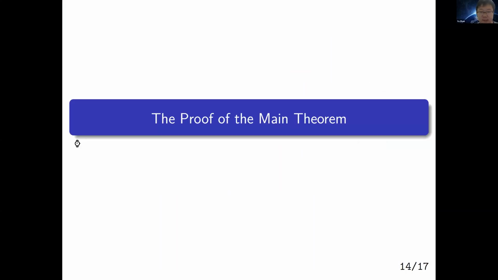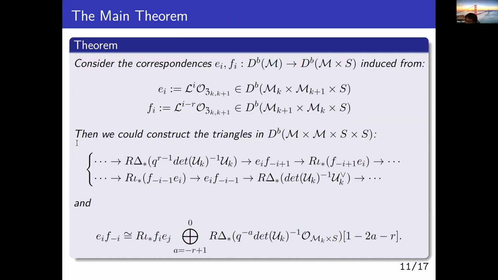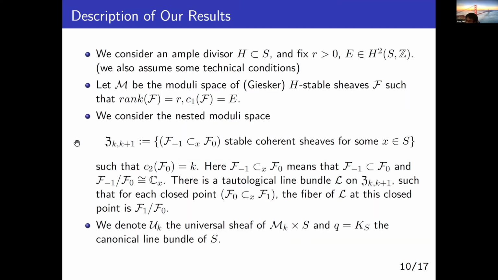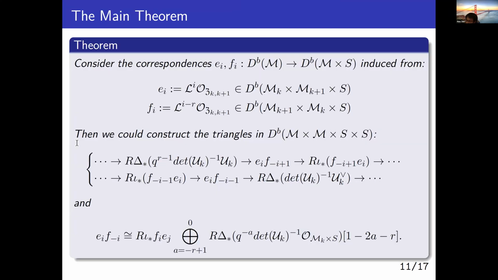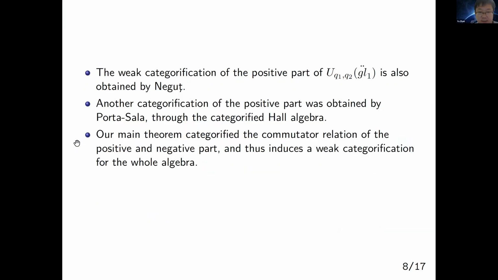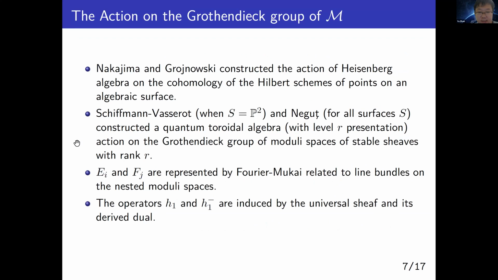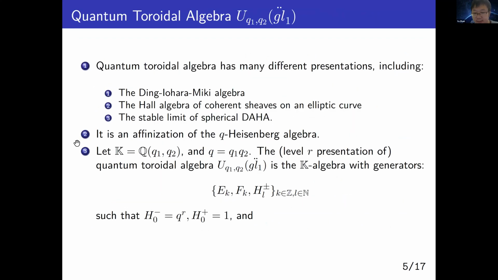Yes, exactly. You defined the nested moduli space, and then we should have the tautological line bundle over it. And for that, the E_i and F_i correspond exactly to the generators.